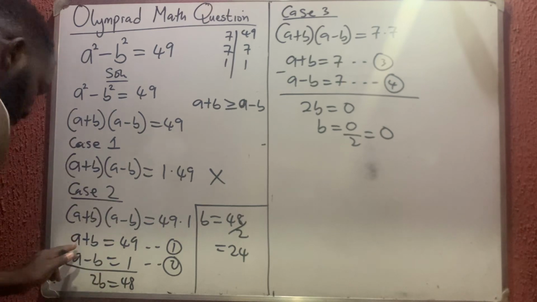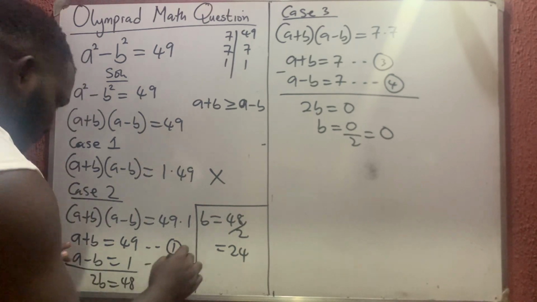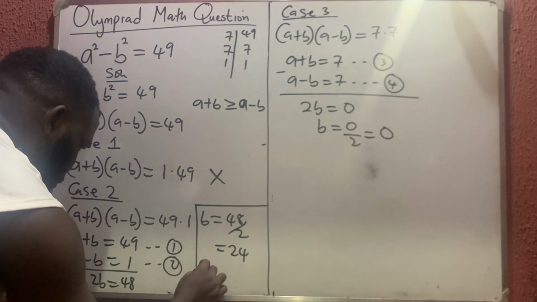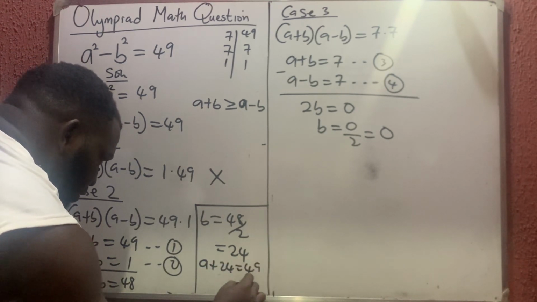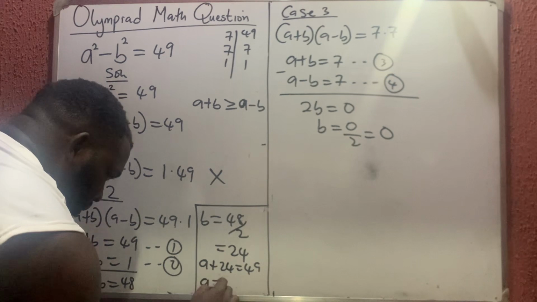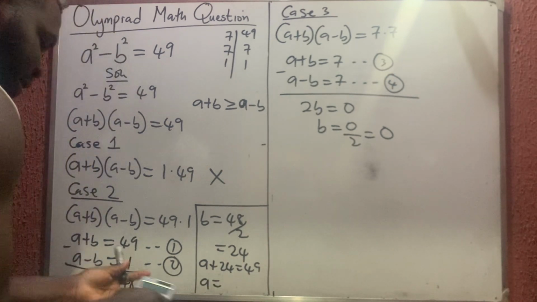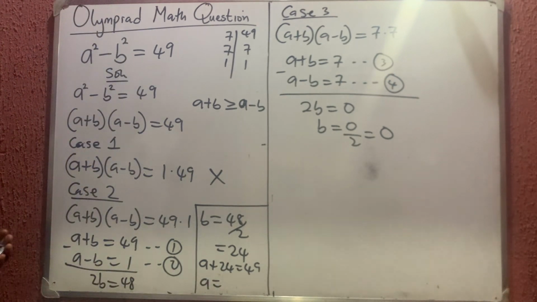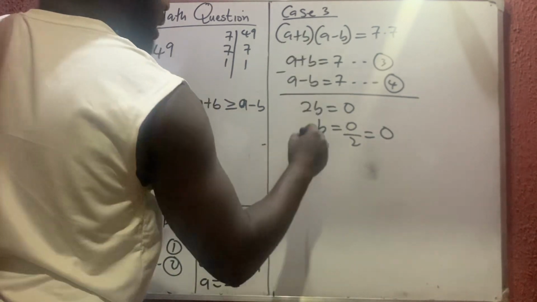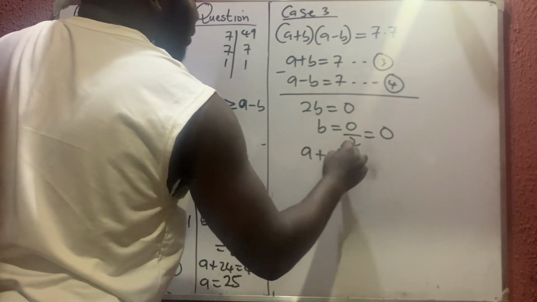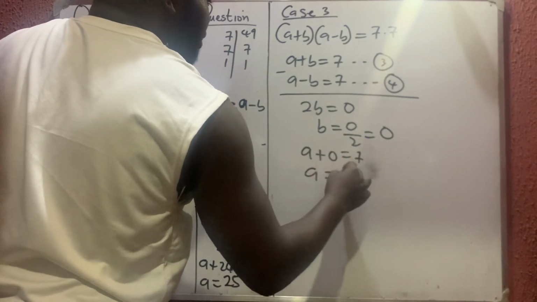So to get A there, from equation 1, A plus 24 is equal to 49. So my A for this particular one is 49 minus 24, which is 25. For the other one, A plus 0 is equal to 7, so my A is equal to 7.